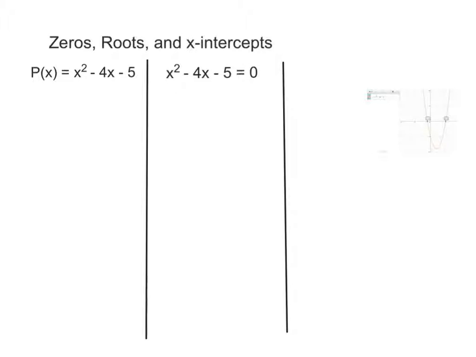So if we take this polynomial function, p of x equals x squared minus 4x minus 5, and make p of x equal to 0, then we can solve for the zeros of the function. And that's easy enough to do: factor, or graph, or use the quadratic formula, but I'm just going to factor this one.